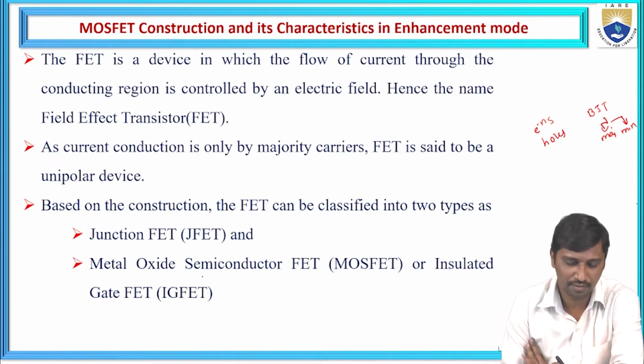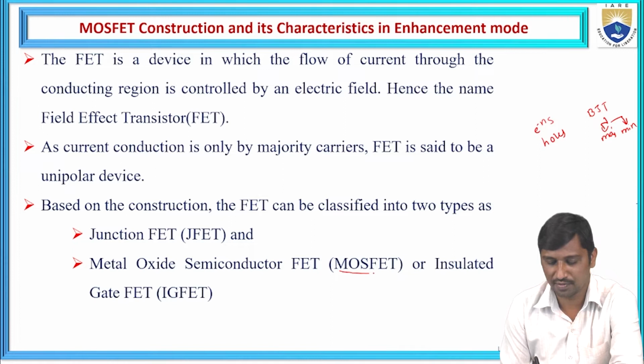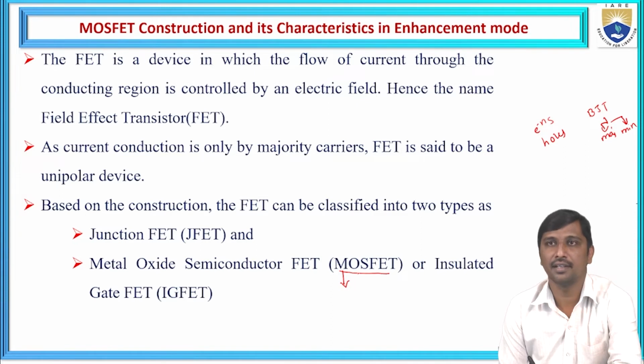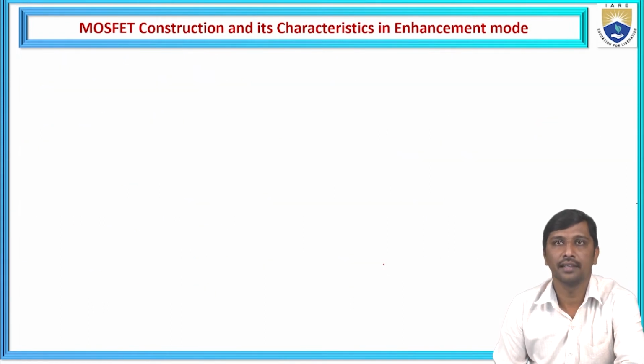Today we are going to discuss the metal oxide semiconductor FET, or MOSFET, construction. Here M indicates metal, O indicates oxide, S indicates semiconductor, and FET means field effect transistor.